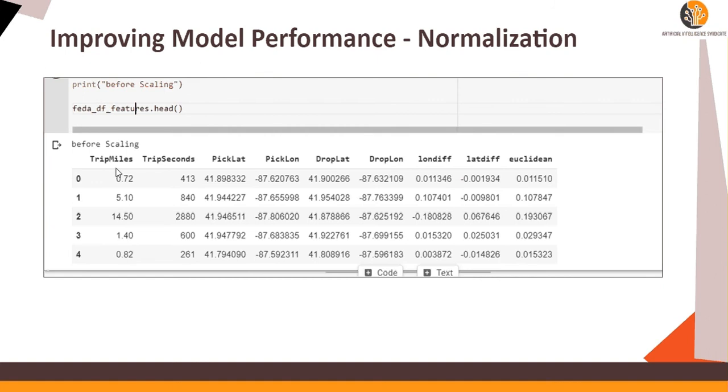It is like 14 miles, 20 miles, 5 miles, 1 mile versus trip seconds, which is in hundreds and thousands, right? And then pickup latitude, longitude is like 42 and 87, and then these are less than 1. So now the scale of these numbers is very uneven, because it's all about maths, right?